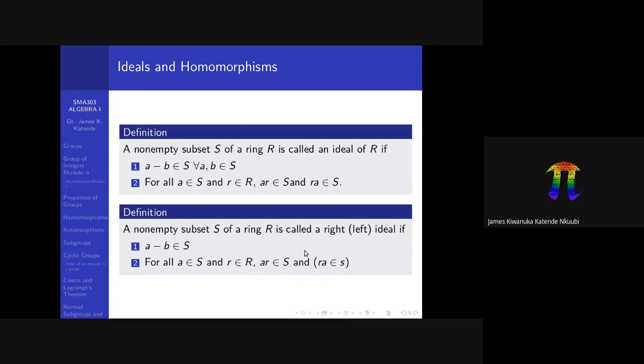So and should not be there because it's misleading. This only works if it's a left ideal. Any questions on this?